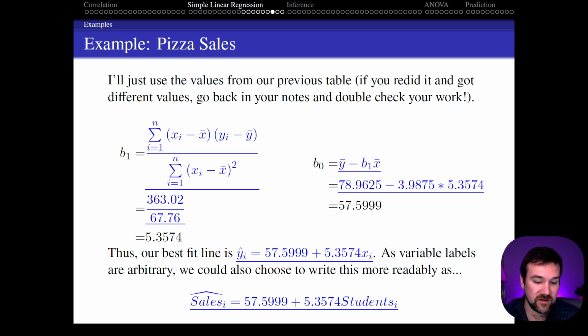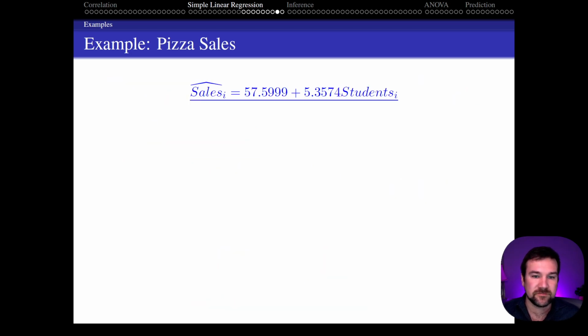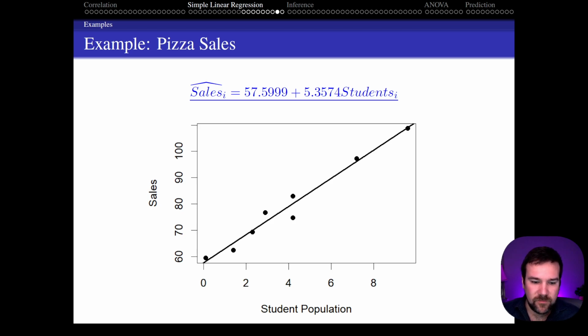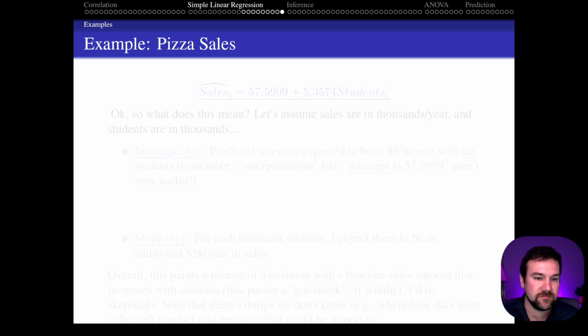The predicted sales is 57,599 plus 5.3574 times the number of students. So if I put that on a graph, this is what that looks like overlaid with my data points. Very cool. And this does look like a pretty close line to all my data points.